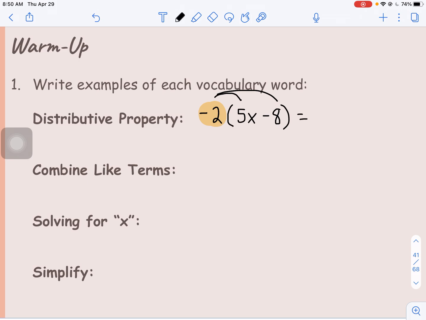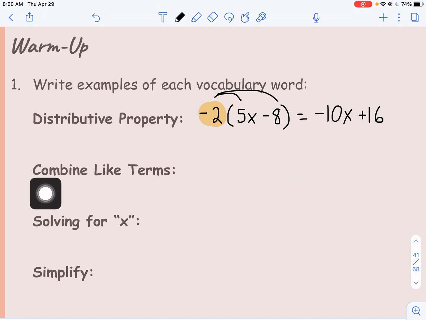To distribute, we're going to multiply -2 times both things in the parentheses. -2 times 5x is -10x. -2 times -8 is +16. So that's an example on the distributive property.